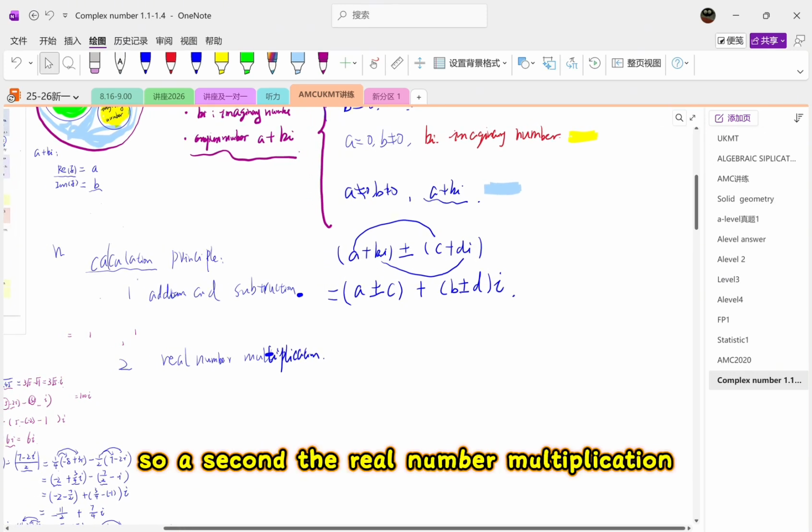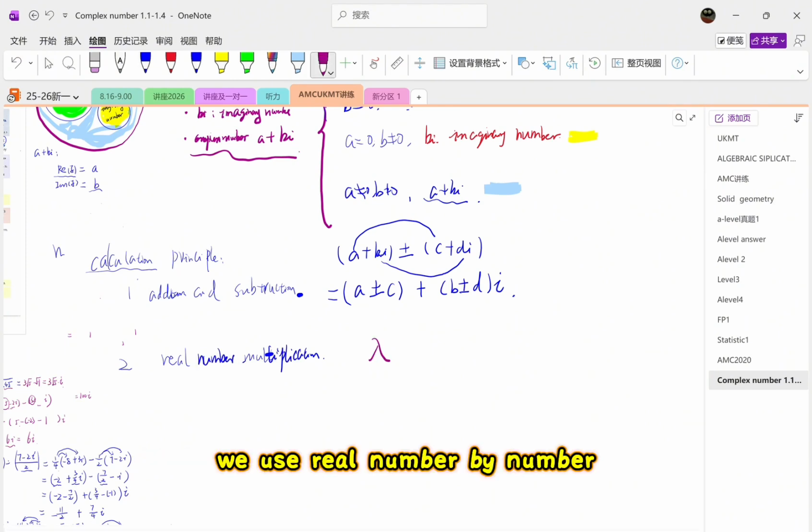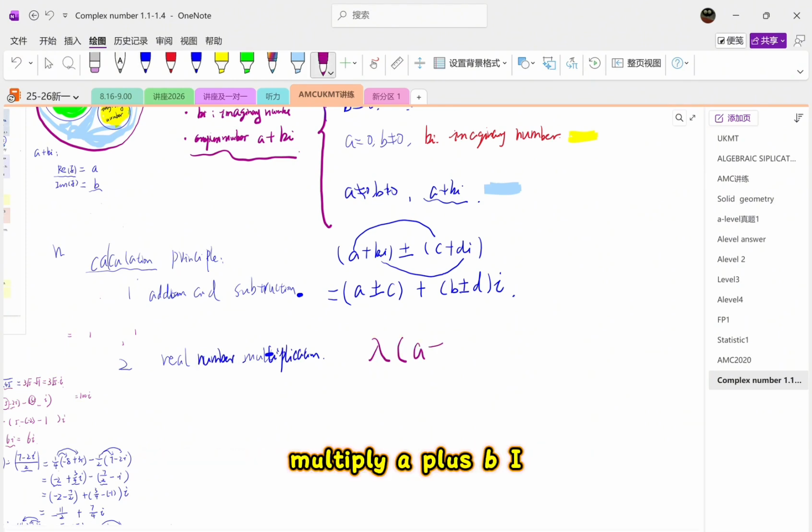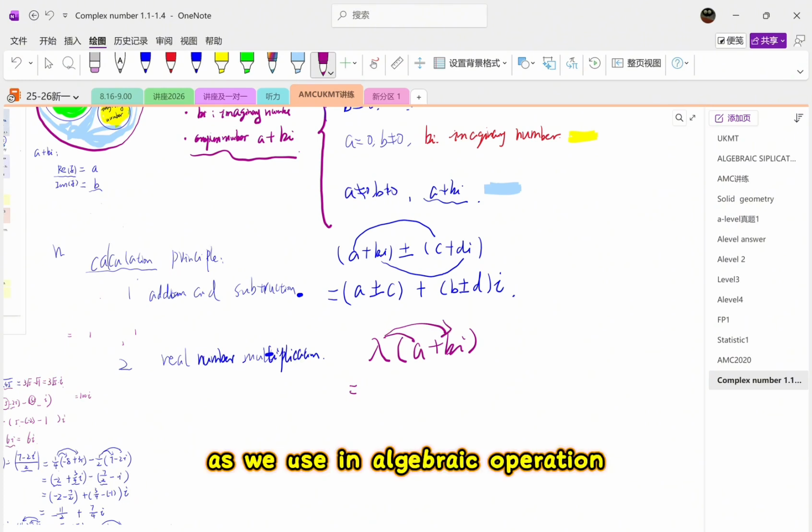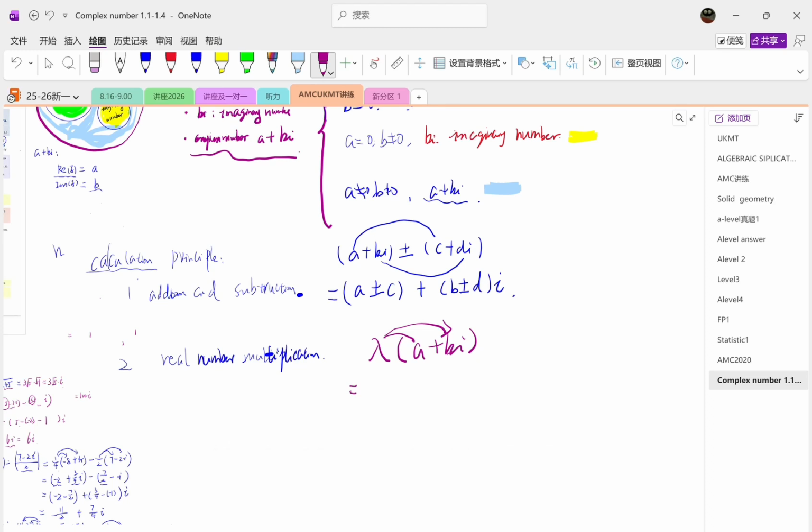Second, real number multiplication. We use a real number lambda to multiply a plus bi, and we just use the distributive law as we do in algebraic operations.